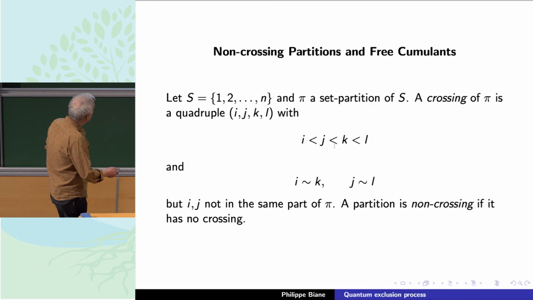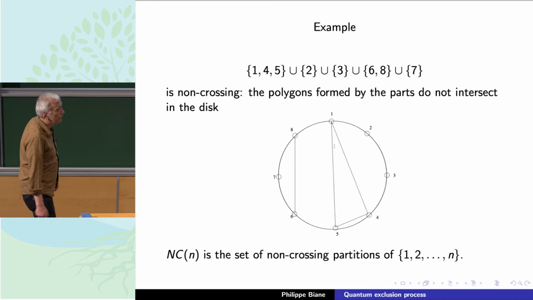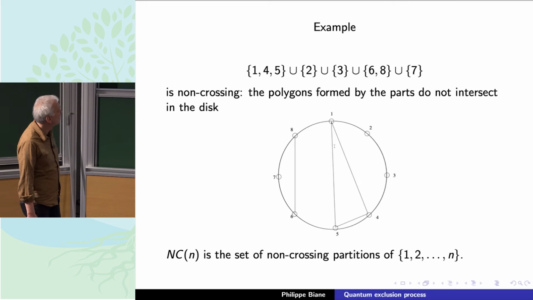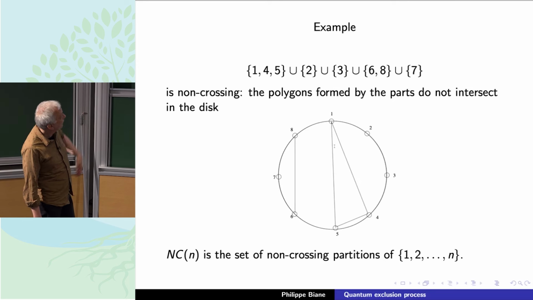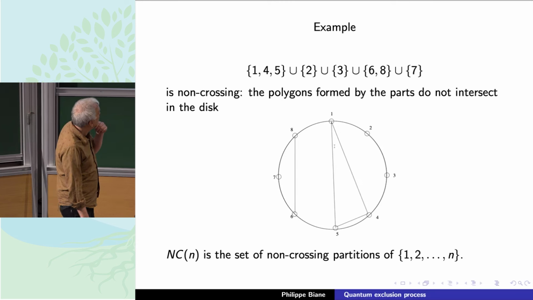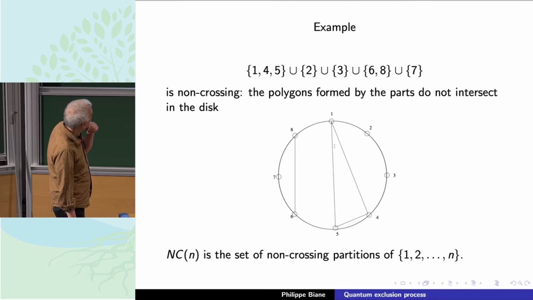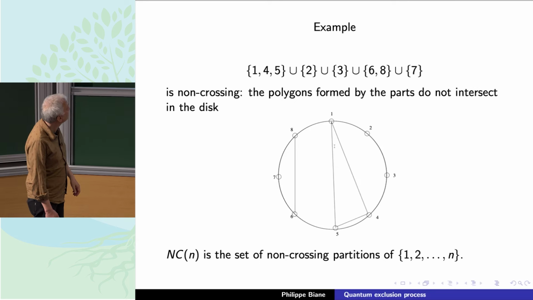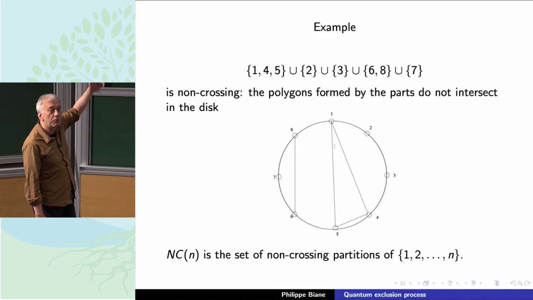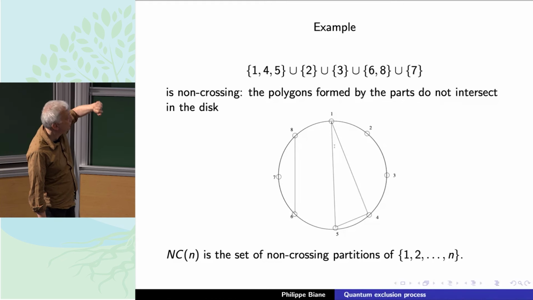Typically, one draws non-crossing partitions in this way. You put the points on a circle, at the roots of unity. Then I take a typical partition of 1 to n, and for each part of the partition, I draw the polygon whose vertices are given by the numbers in the part.